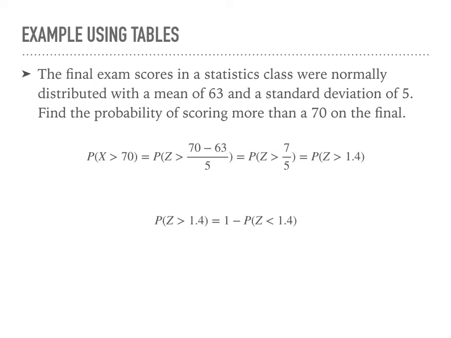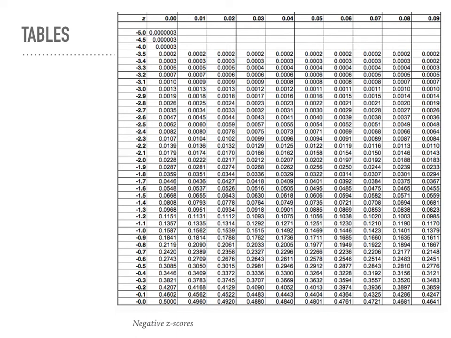But we have to have a less than. We need to be looking for to the left. So we're going to use our complement rule here, and we have that the probability z is greater than 1.4 is equal to 1 minus the probability z is less than 1.4. At this point, we need to grab our table. This table shows negative z-scores.